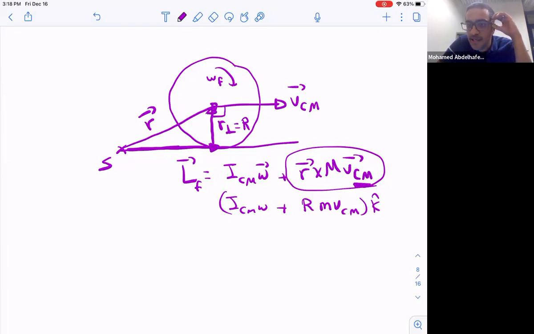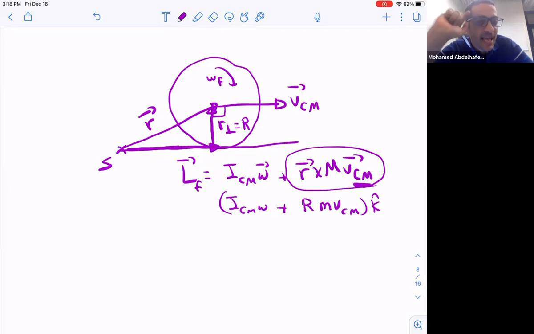How can you tell the initial angular momentum was found with a point S? Ah, good point. Okay, many questions here. Let me answer the question about I omega. The I omega term doesn't matter where the point is.